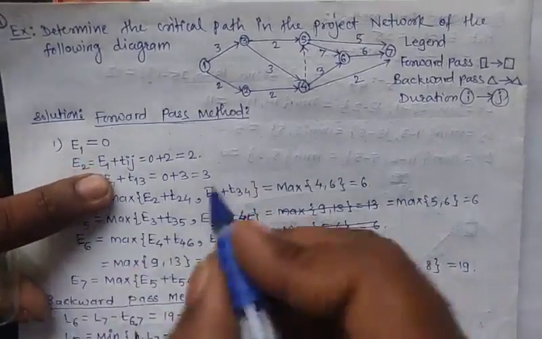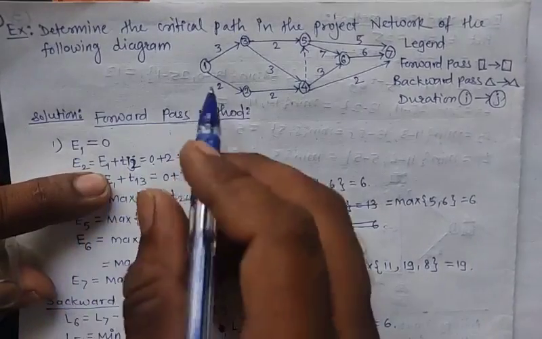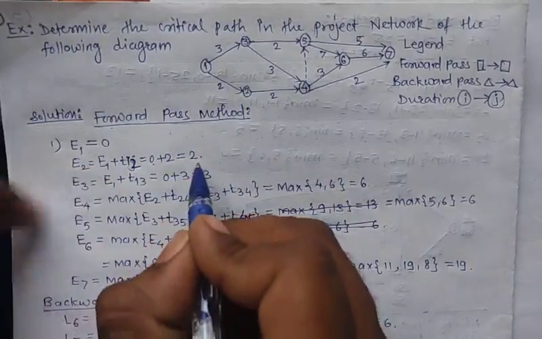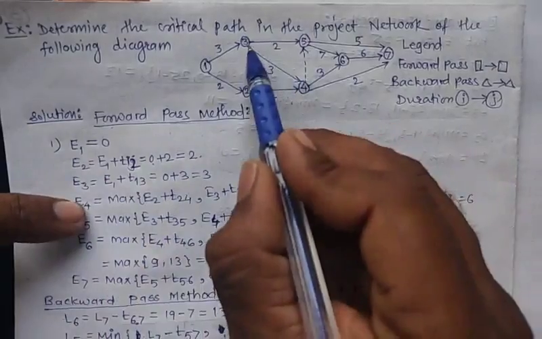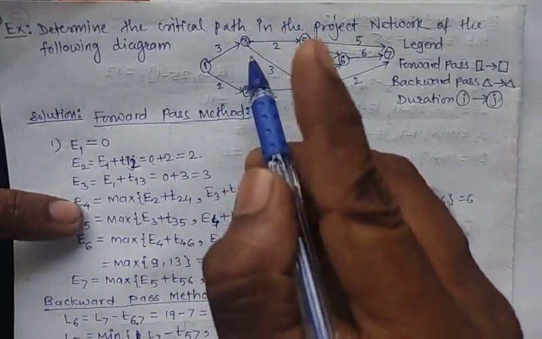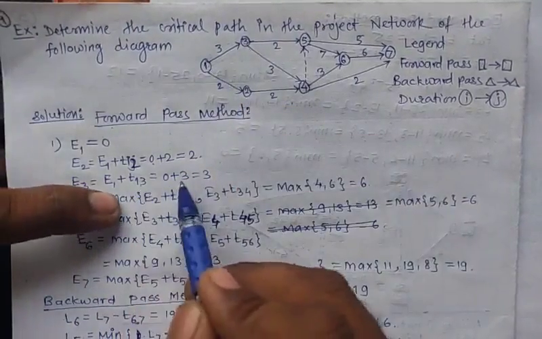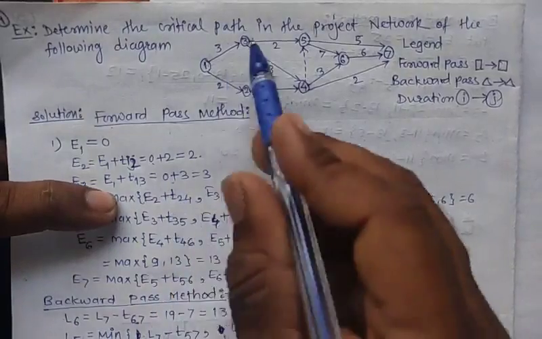E1 is 0 and T12 has distance 2, so we get 2. Now to calculate E3, there is only one incoming arrow, so we get E1 plus T13. E1 has value 0 and T13 has distance 3, so we get 3.